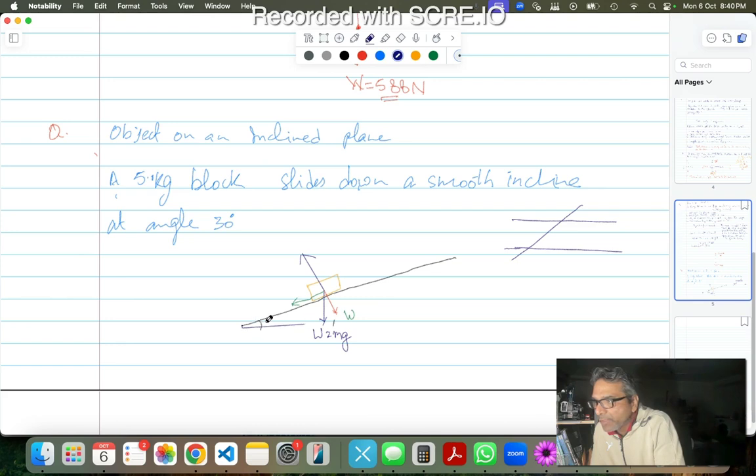So if this is the 30-degree angle, this angle needs to be the 30-degree angle. This angle should be 30 degrees. If this is theta, then this must be theta. Yes. Okay.